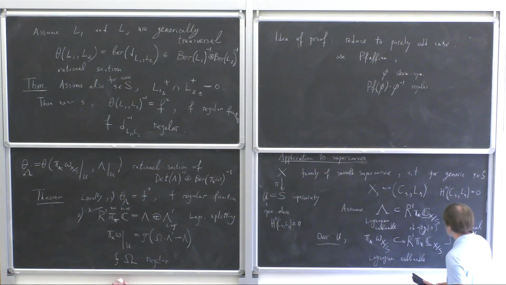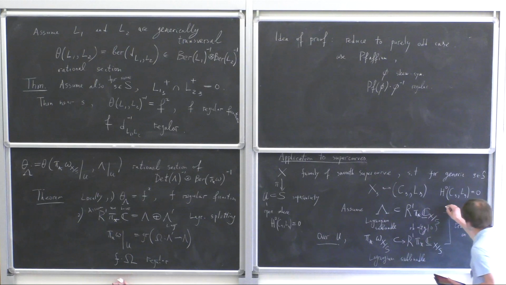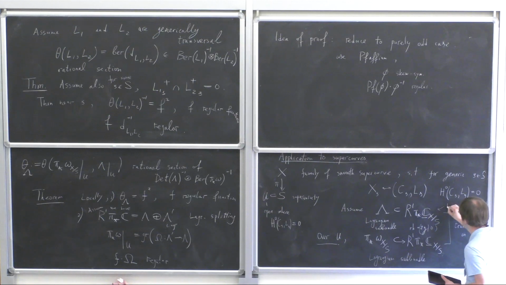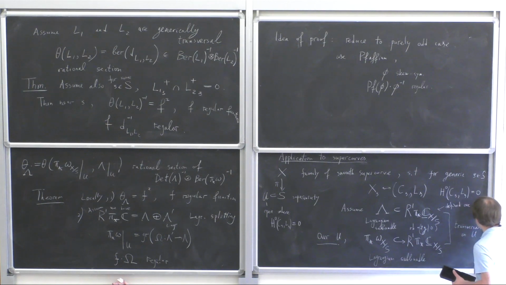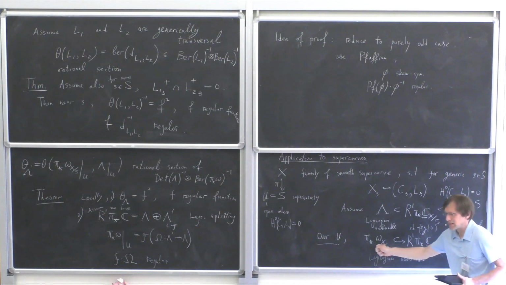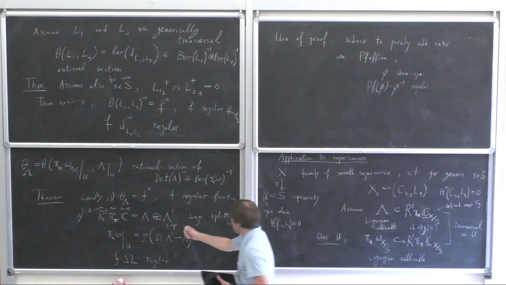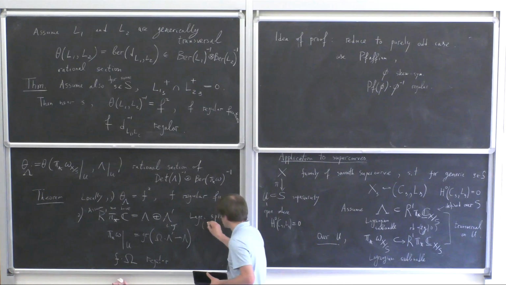So actually this lambda is global, so this is defined not only over U, but over S. So the problem is that this one is only defined over U. So this is a subbundle. Yeah, so I assume that this is defined over, oh sorry, over S. Yeah.